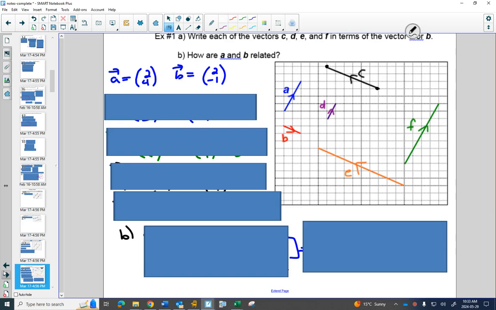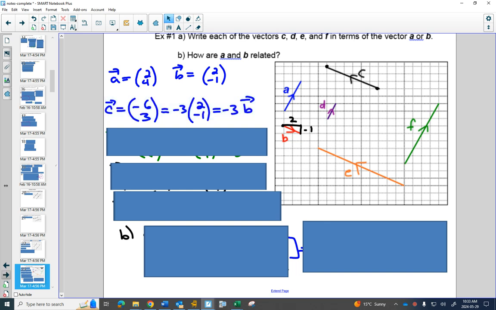So basically this is my starting point, I'd go 2 to the right and down 1. So then B would be 2, negative 1. Can you see that C, which is negative 6, 3, you're going back negative 6, then going up 3, is just 3.